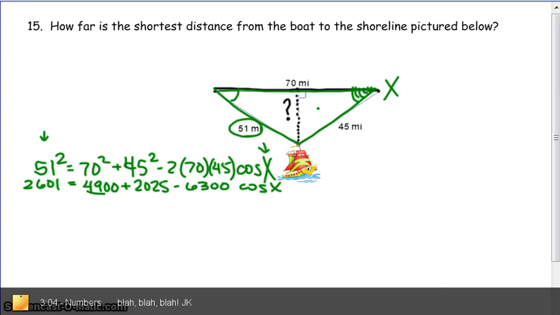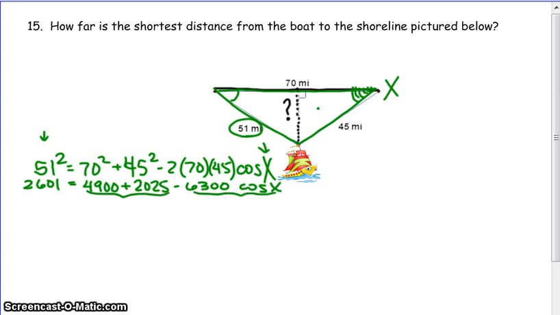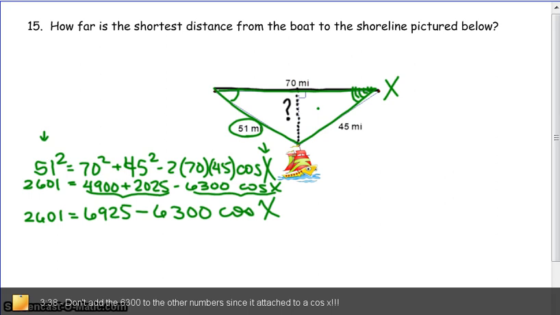Well, I'm pretty sure I'm going to combine these two, but be careful, I can't include this because this has a cosine x attached to it. So I'll have 2601 equals, when I add those two together, 6925 minus 6300 cosine x. Again, I cannot combine the 6925 with the 6300 because 6300 has a cosine attached to it.